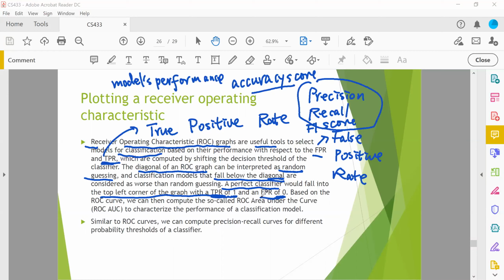And with that curve, we can also find the area under the curve, AUC. So the larger the area, the better the model. Okay, so that's the concept.